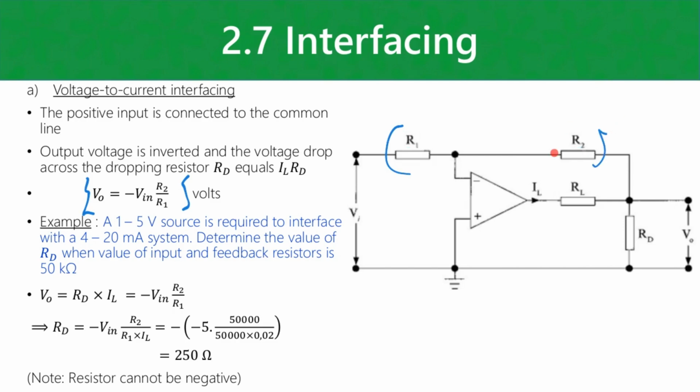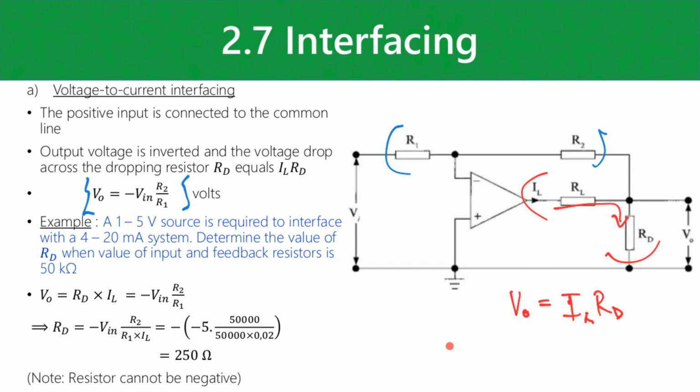And then if you look at the second part of the circuit here, the output voltage is equal to the load current. This load current here is going to flow that way. So that's essentially the load current multiplied by the dropping resistance.